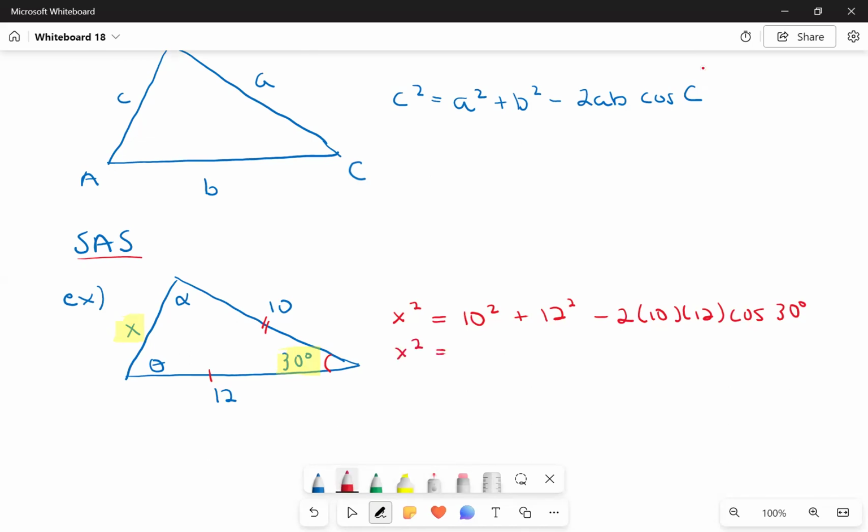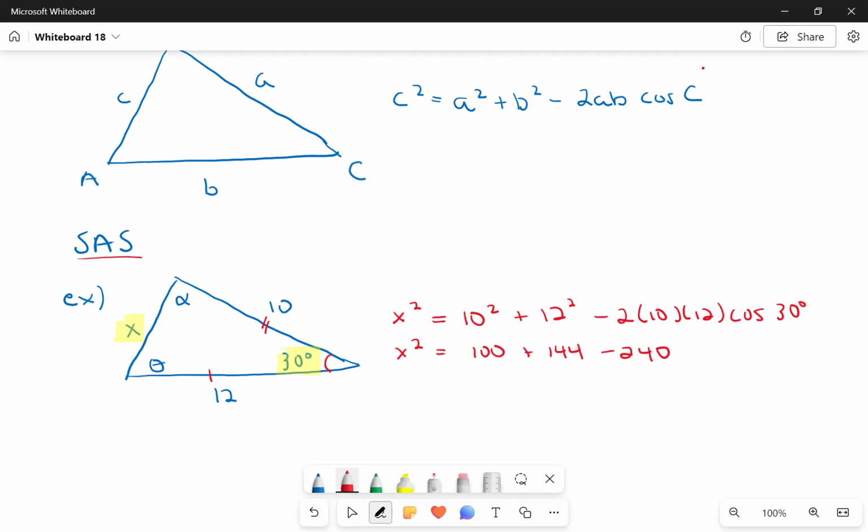So let's see. 10 squared is 100 plus 12 squared is 144. And then that's 20 times 12, which is 240. Sorry, I looked at the 144 and that threw me off. 240.